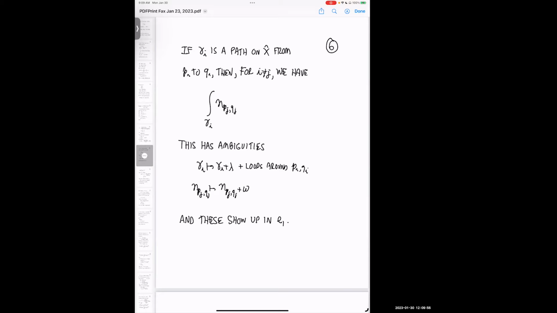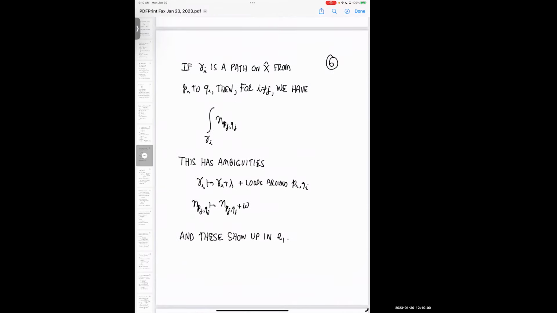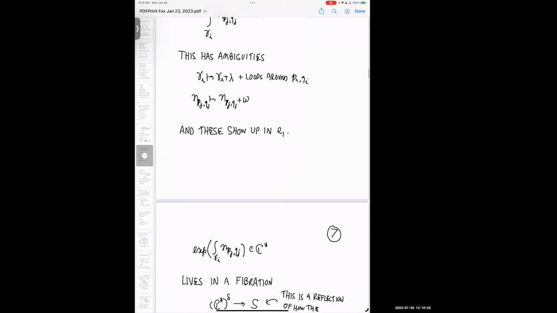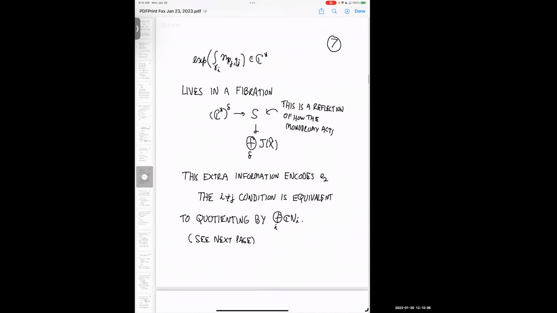But these are, of course, exactly the things that show up in the E1. And so what happens is, if you look at the exponential of this integral, it's in C star, it lives in a fibration over the place where the E1 data shows up.